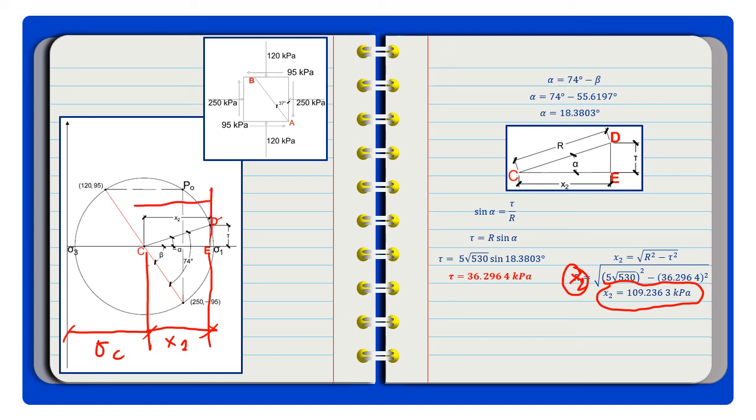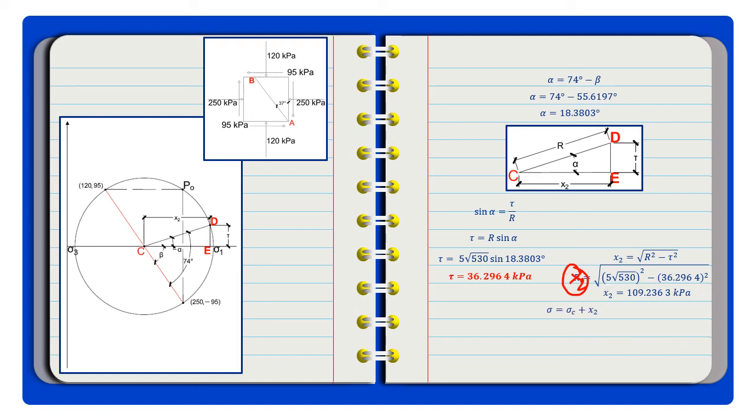So, ang goal natin is hanapin si sigma. So, that will be an addition of sigma c and x sub 2. So, to add those two values, we have sigma is equal to sigma c plus x sub 2.